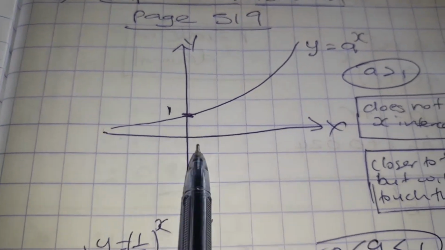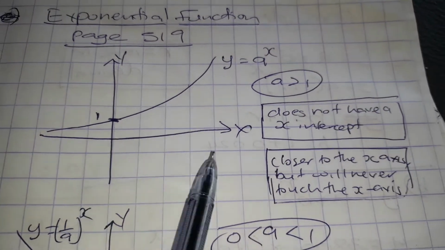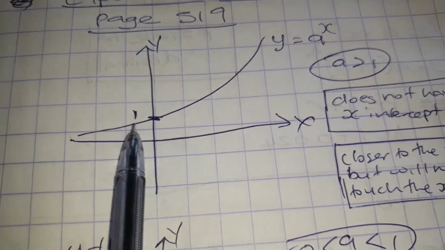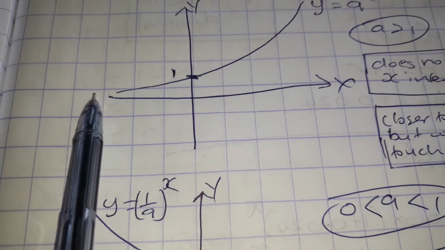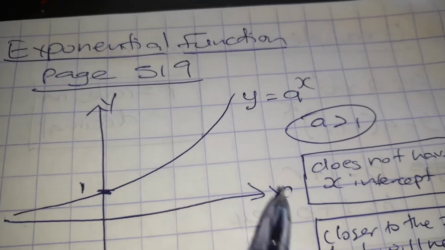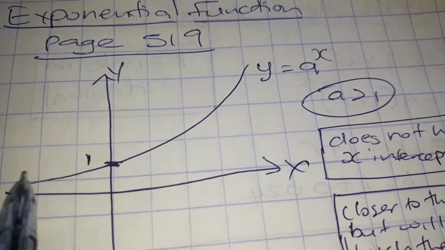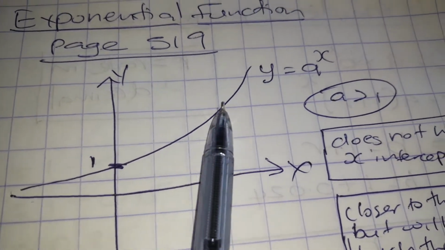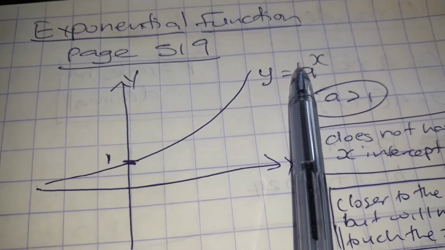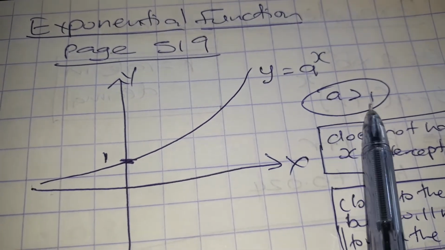Keep in mind, it does not have any x-intercept. So it will only have a y-intercept. Your graph will go closer and closer to the x-axis, but it will not touch the x-axis. Okay, so your graph is starting from the left and climbing on the right hand side. It's only the case when your value for a is greater than 1.